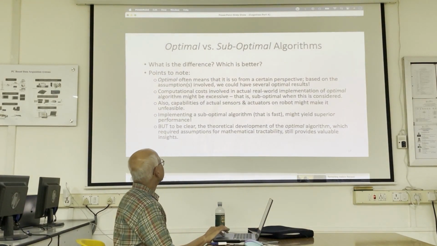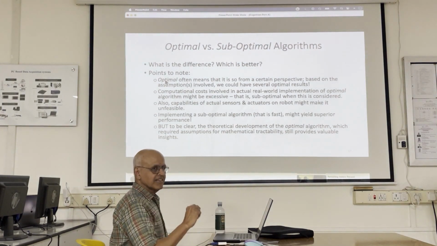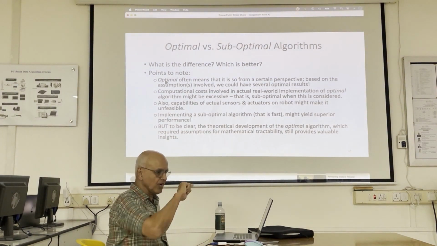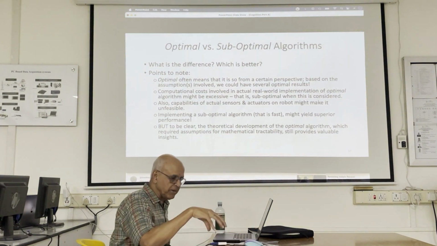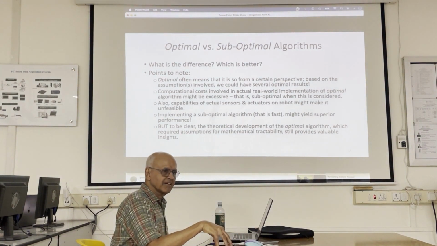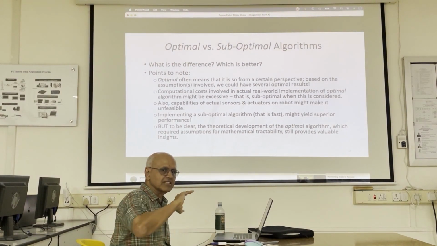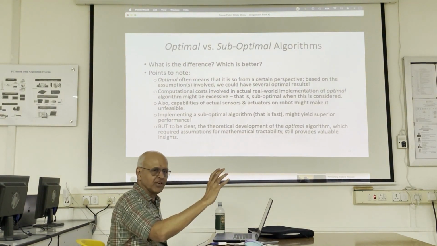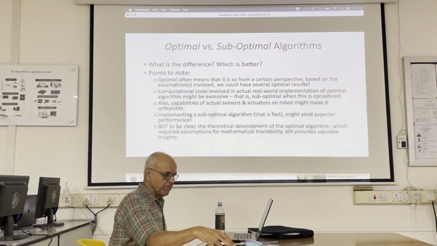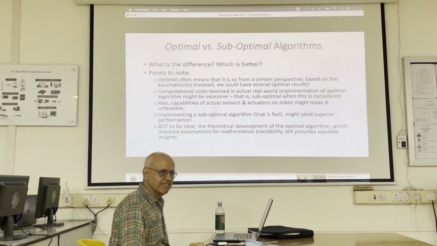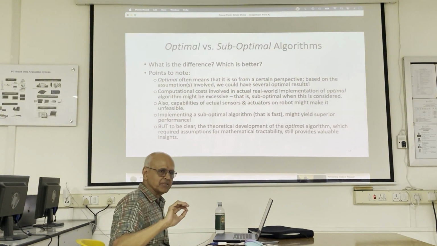The thing is, that word optimal, italics, really has to be taken along with all the assumptions made for that problem. So optimal is based on the assumptions you make. There's no such thing as optimal, meaning the word of God. It's optimal based on these assumptions. And somebody else could come up with another optimal that is based on their set of assumptions.